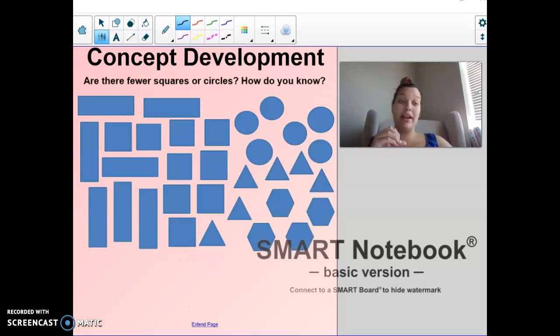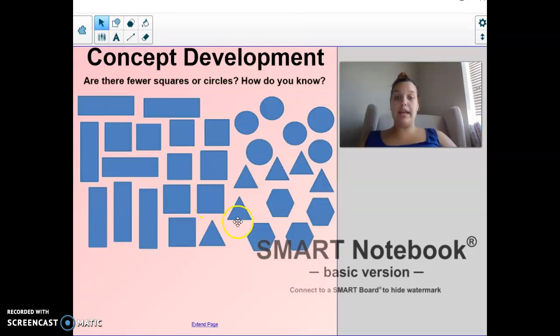We're going to do one more, and then I'm going to explain your exit ticket, okay? So we need to figure out if there are fewer squares or circles. So what's my first thing I'm going to do? Yep, I can drag down the squares or the circles. So I'm going to drag down the squares.